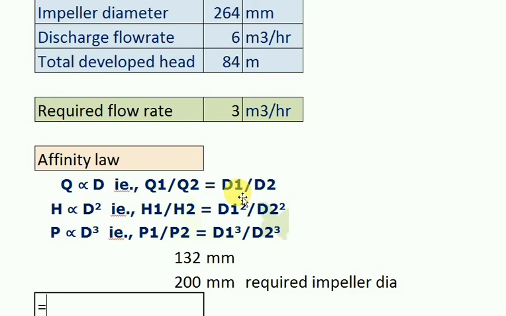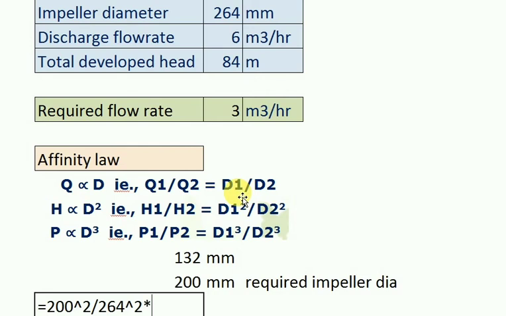The discharge pressure we take as H1, which is the required one. H1 equals D1 square divided by D2 square into H2, where D1 is 200 and D2 is 264.